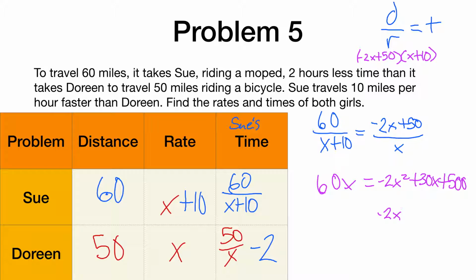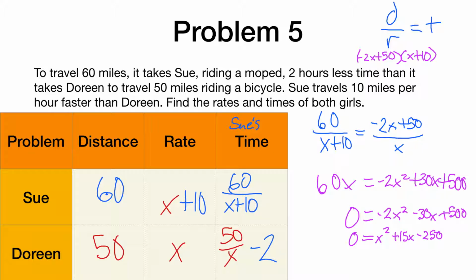That means negative 2x squared minus 30x plus 500 equals 0. But I don't like that negative 2. And since these are all multiples of 2, I'm going to say 0 is x squared plus 15x, and then minus 250 if I'm dividing by negative 2.